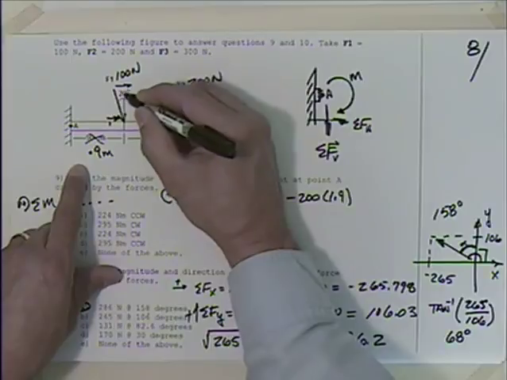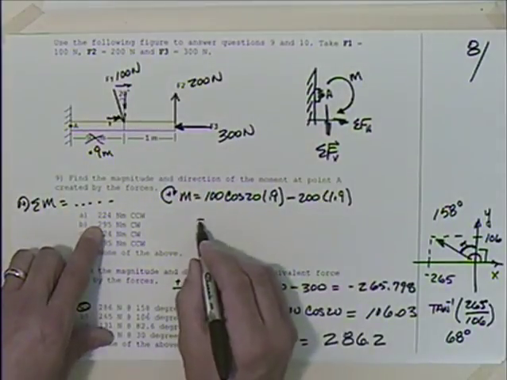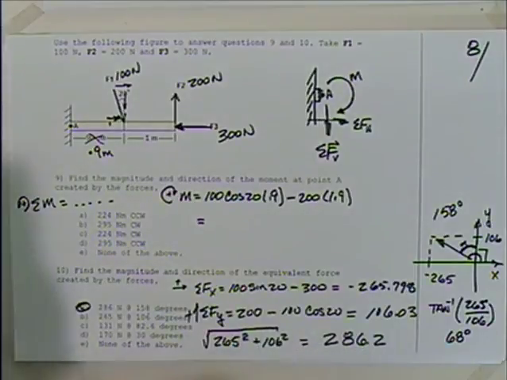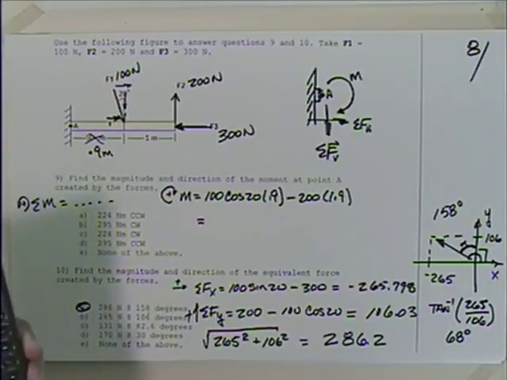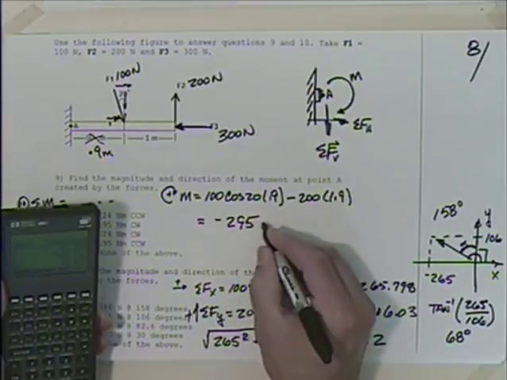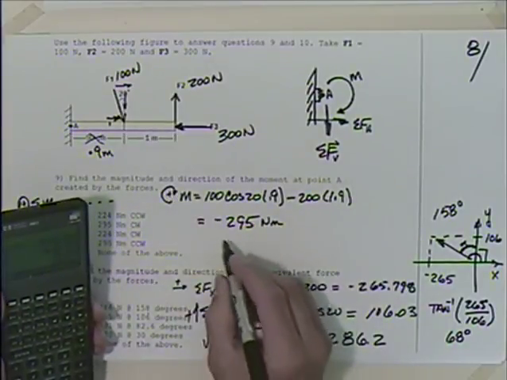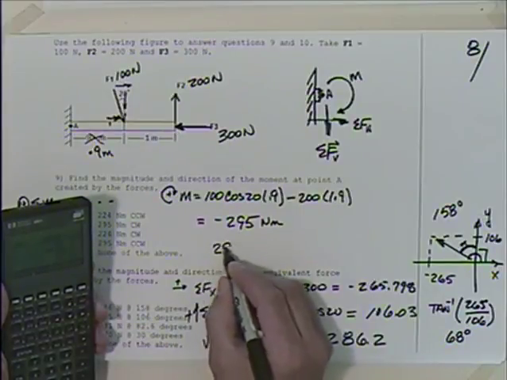So really all I have to do is worry about the vertical piece of this and that. So what are we going to come up with? Minus 295 Newton meters.